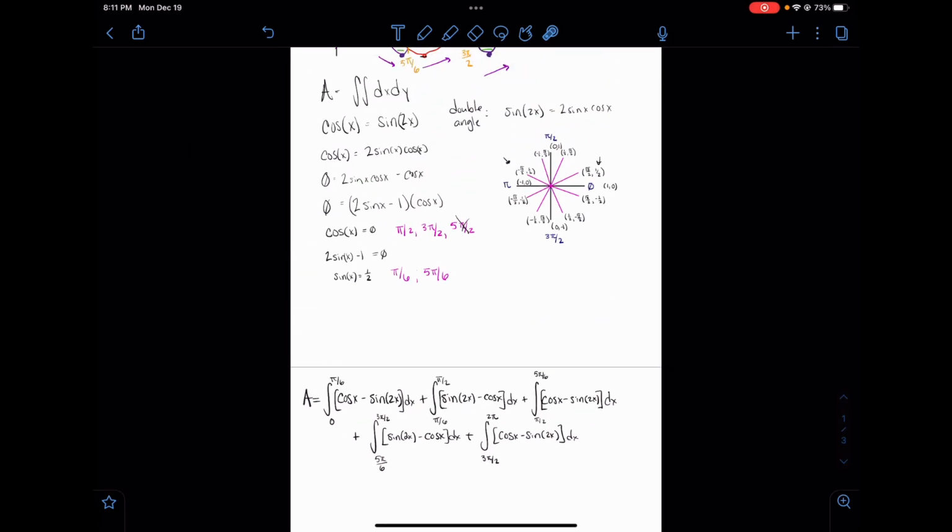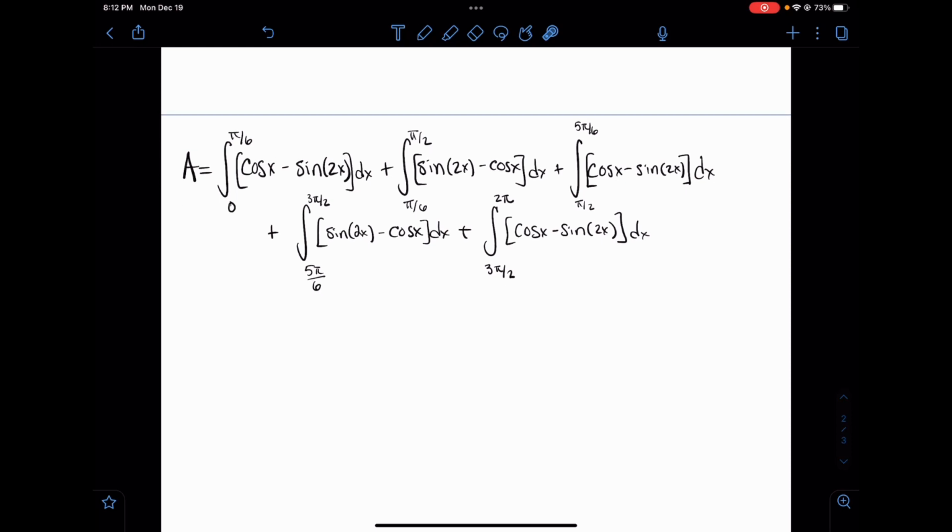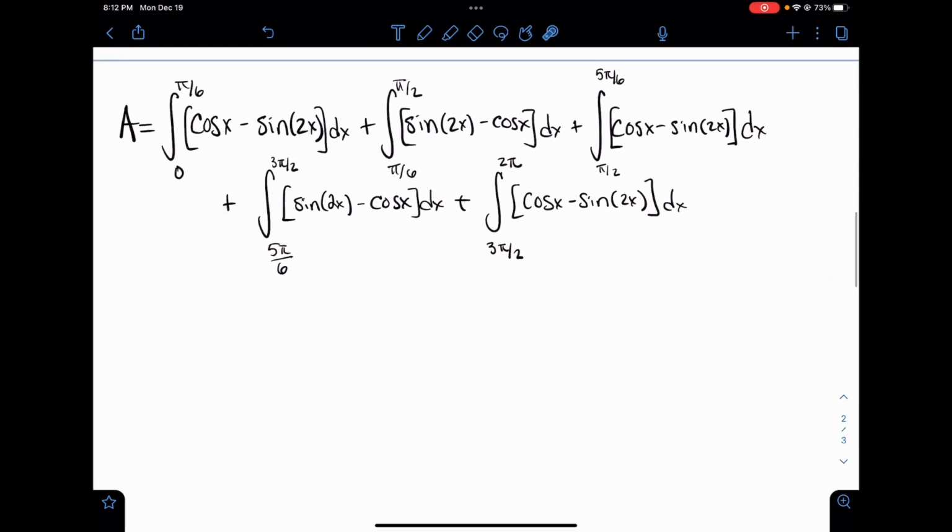Now just make sure when you're setting up big problems like this that in each segment you have the correct function on top. For our first segment, cosine is our top function, so cosine is going to be the first function in our integral, and then minus sine of 2x is underneath. Then it's the inverse for the next one because the sine function is greater than the cosine function for the second segment, and so on and so forth. So take a moment and solve that integral if you haven't already.